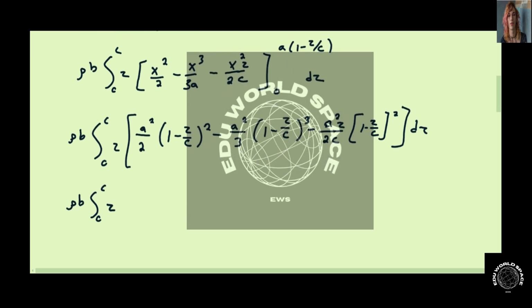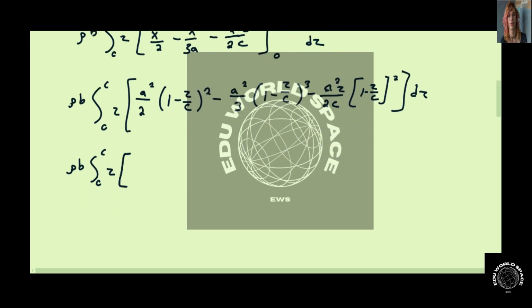Okay, and so from this we have a squared over 2 times (1 minus z over c) squared, minus a squared over 3 times (1 minus z over c) cubed dz. Okay, and from this we're going to simplify it even more.